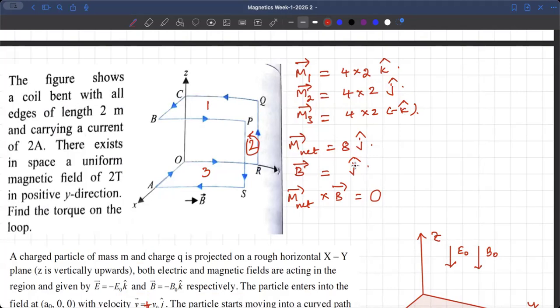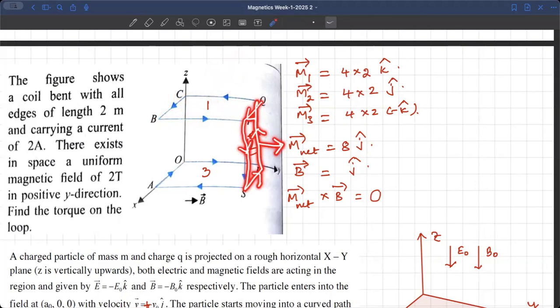On the basis of the bending, I can see 3 parts here. The first part is going to be this one, whose magnetic moment M1 bar is in this direction. The second part is going to be in this direction.